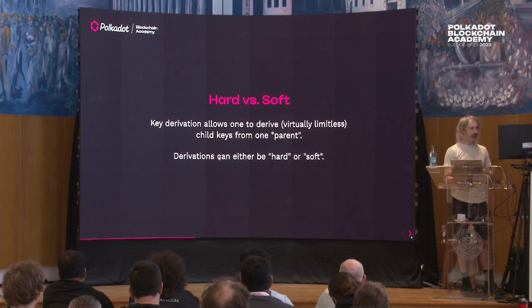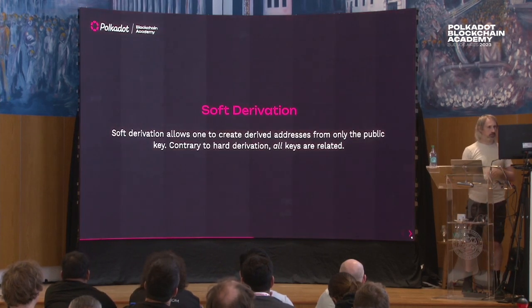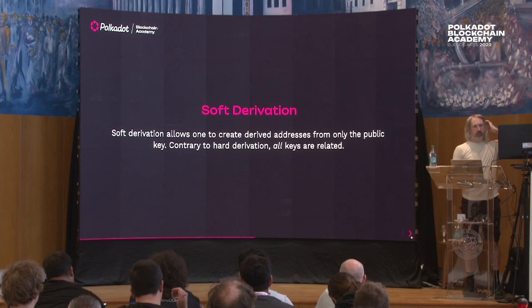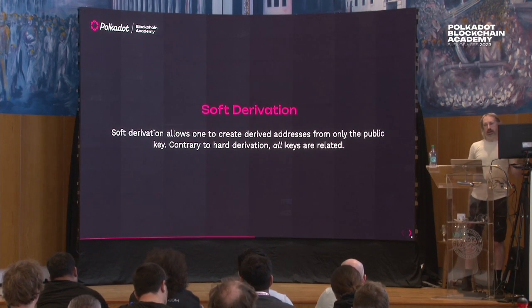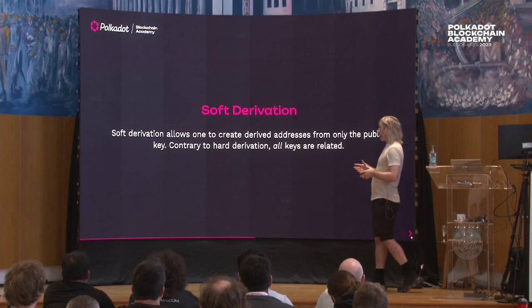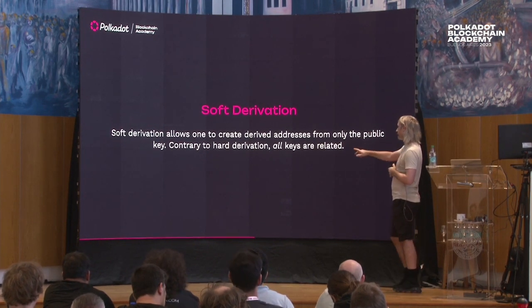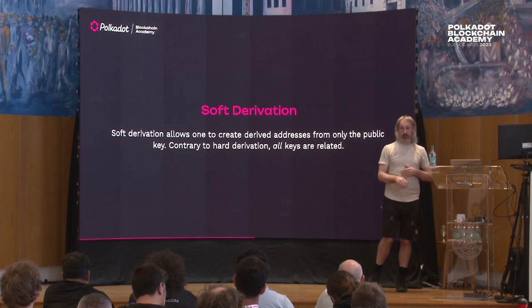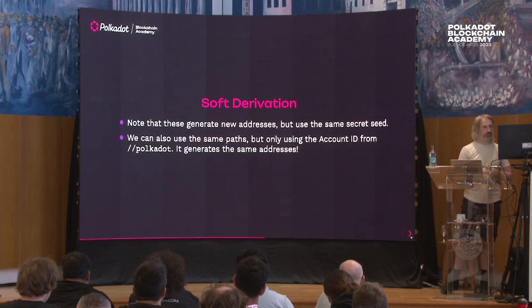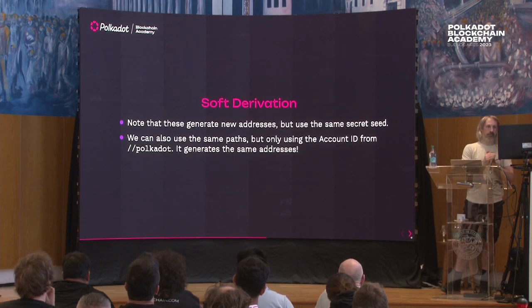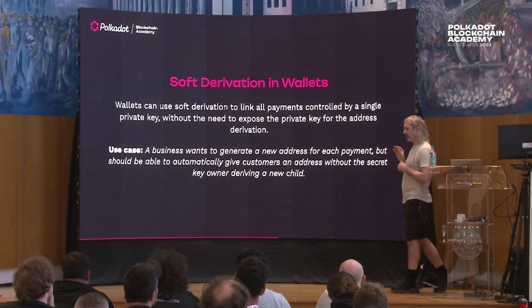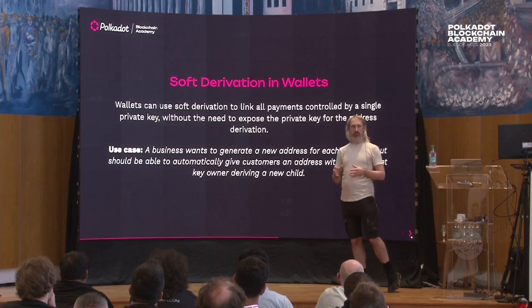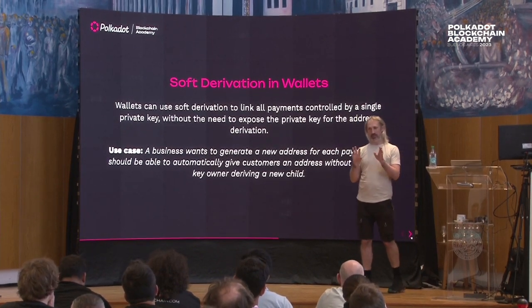Okay, good. So let's just go over soft derivation. Any network of soft-derived keys, any hierarchy of soft-derived keys, are mathematically related. And we can see that they're related just by looking at the public keys that the accounts derive.